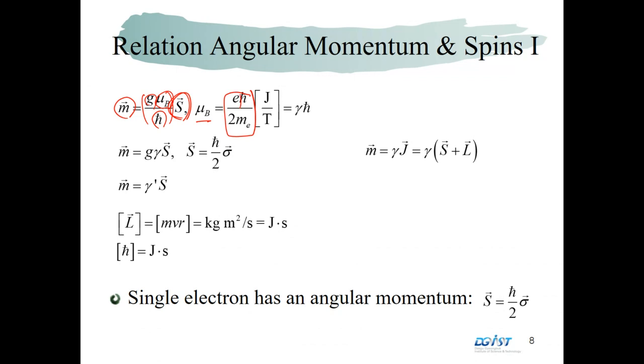And this part is gamma, the gyromagnetic ratio. And please remember that the Bohr magneton is gamma h bar, with the unit of joule per, sorry, joule per Tesla. Okay.